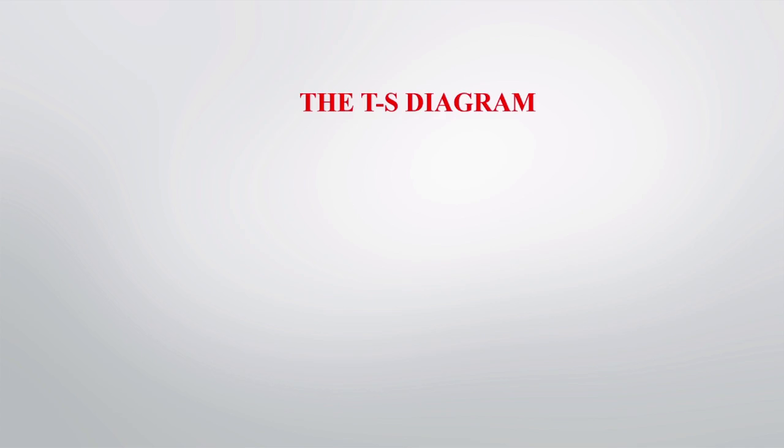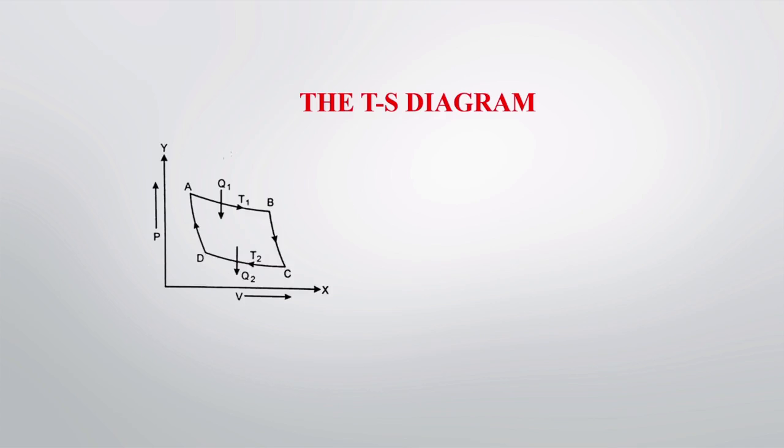So what is a TS diagram? Earlier we have seen the PV diagram, the pressure volume diagram, which is used to explain any thermodynamic process, and this curve is the curve given by the Carnot cycle. In this case, we know that the substance is taken from state A to state B, then C, then D, and back to state A through 4 different stages.